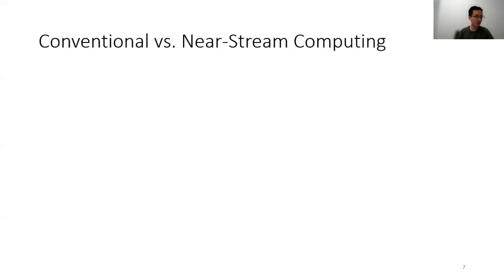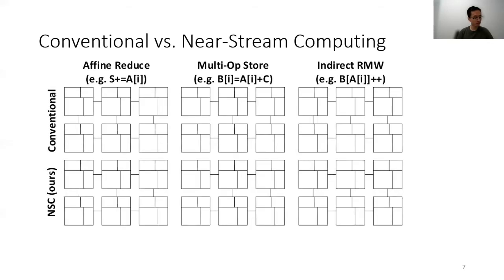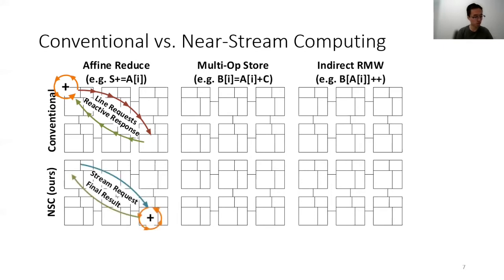To see how this can lead to a general solution with new opportunities, here we compare a conventional system with near-stream computing in three common cases. When reducing over an affine access to array A, a conventional system needs to fetch the data and perform the reduction at the core. While in near-stream computing, the reduction is offloaded with the stream, and only the result is sent back to the core.